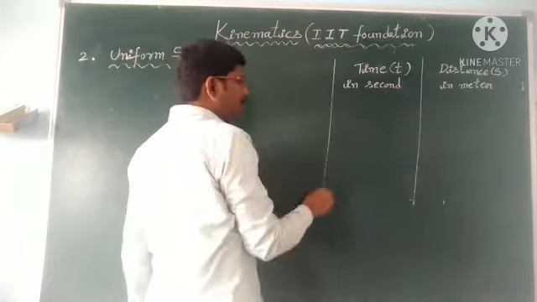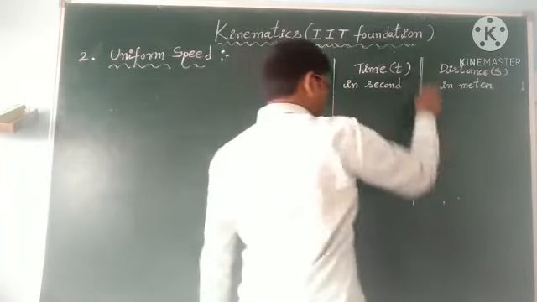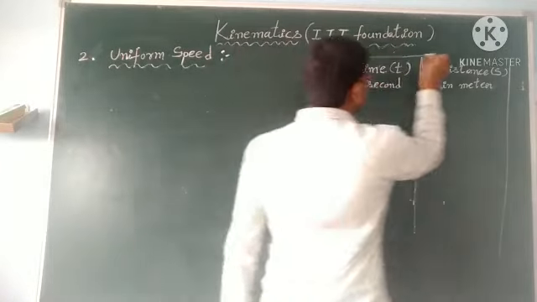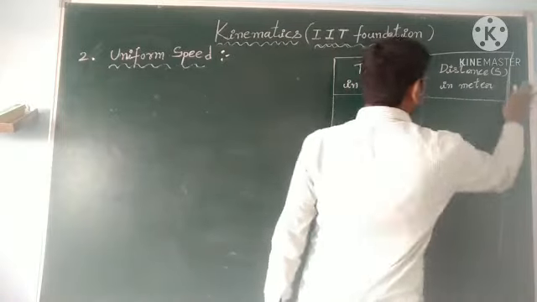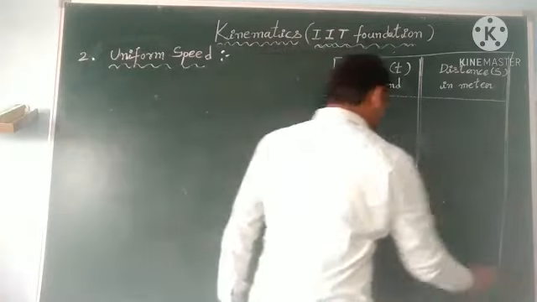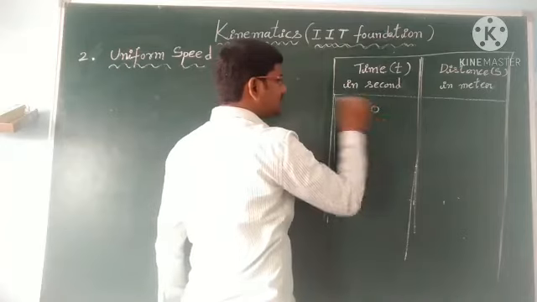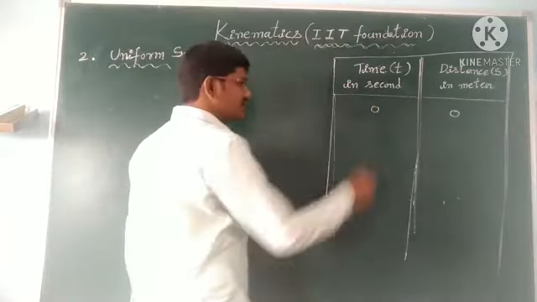Now see, consider that a man is going on a cycle. At 0 seconds, he covered 0 meters.